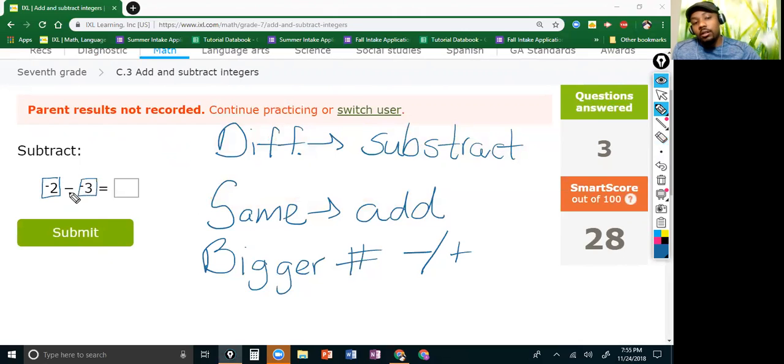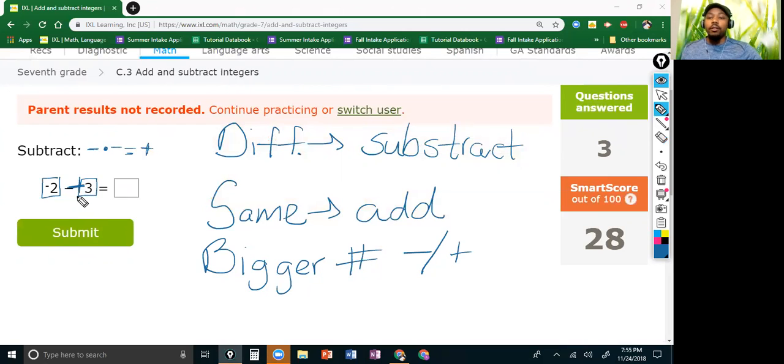Well, when two signs are touching like that, they're kind of being multiplied. And so we need to say a negative multiplied by a negative gives us a positive number. And so really, it's almost like this is one big plus sign.